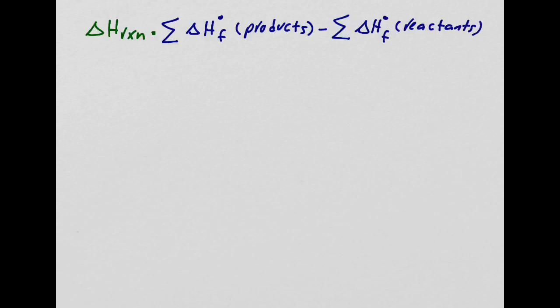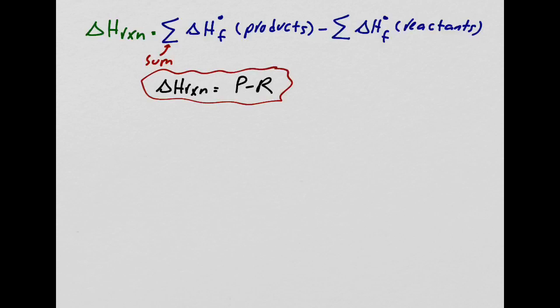Now this looks like a very weird equation, and this symbol means sum. I'm going to make this a lot easier than that. Basically, to figure out the delta H of the reaction is products minus reactants. It's as simple as that. You guys got this down. Products minus reactants.